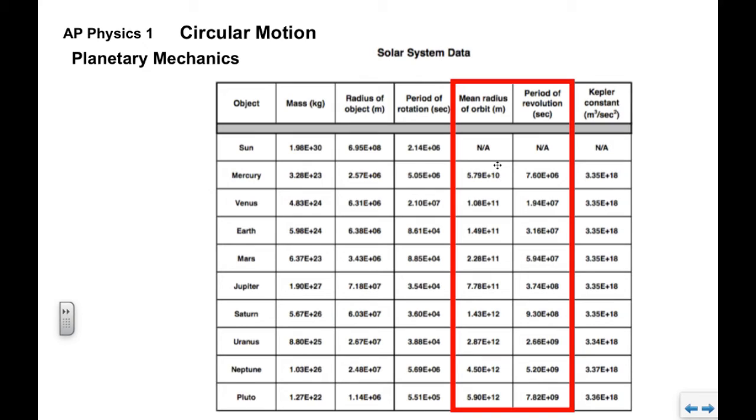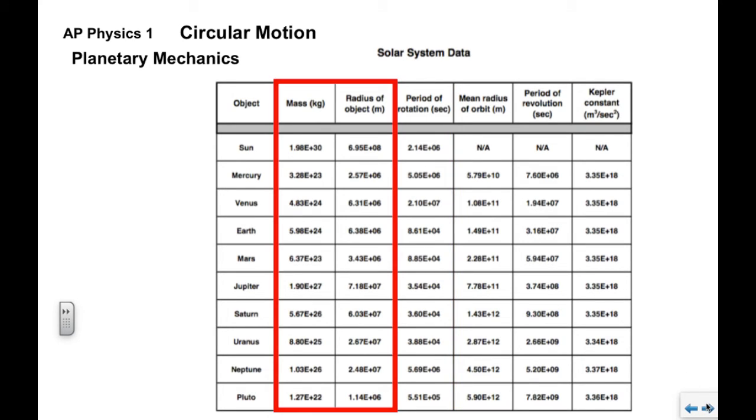You can see it goes from the innermost planet, Mercury, out to Pluto, which is about 100 times farther away from the Sun. We also have these two columns, which once again would be used if you were placing a satellite in an orbit that was a particular altitude above, say, Venus. We would use the radius of the object plus the altitude to determine the orbital radius of the satellite.